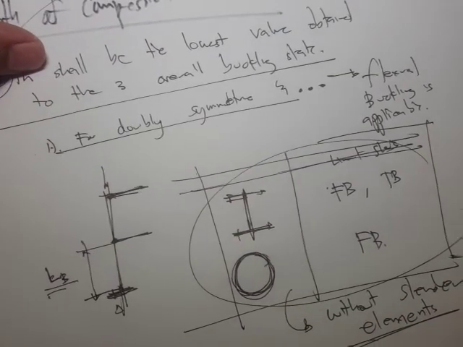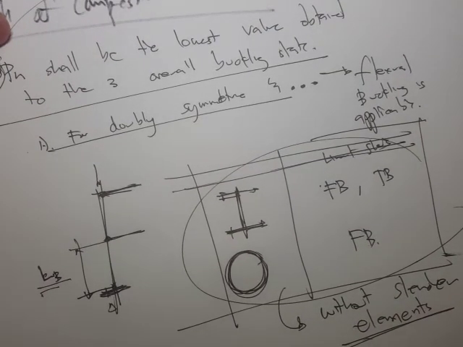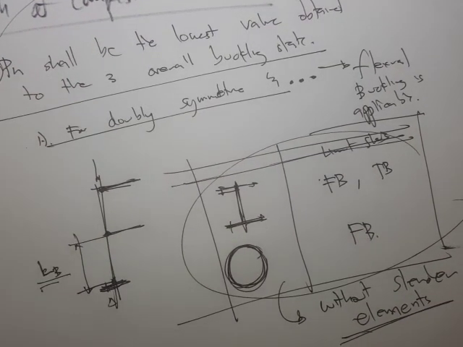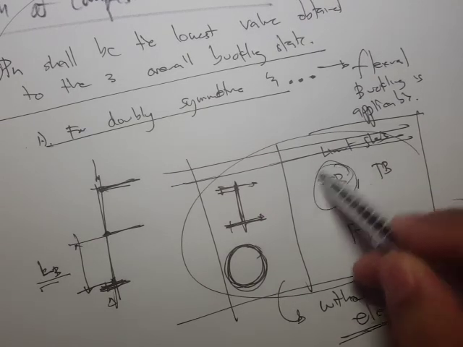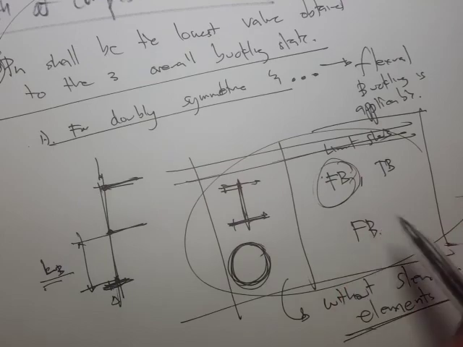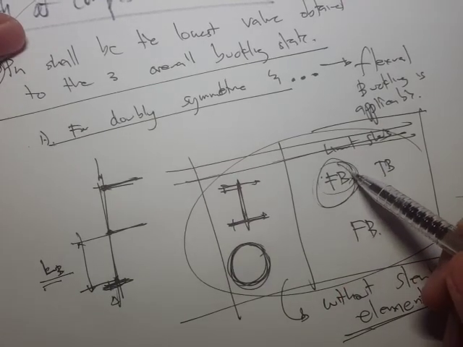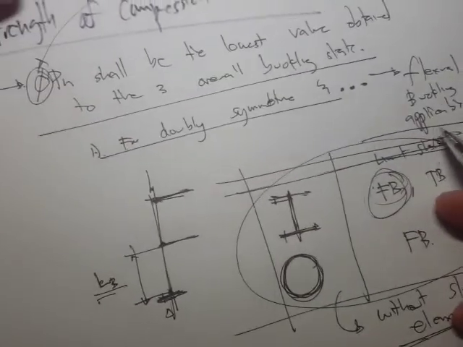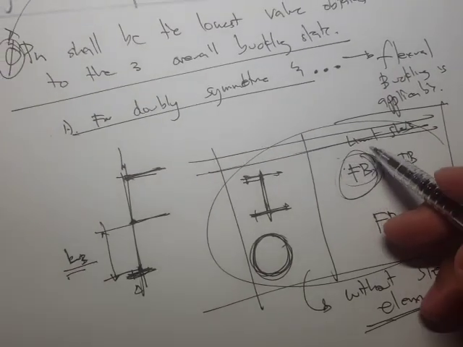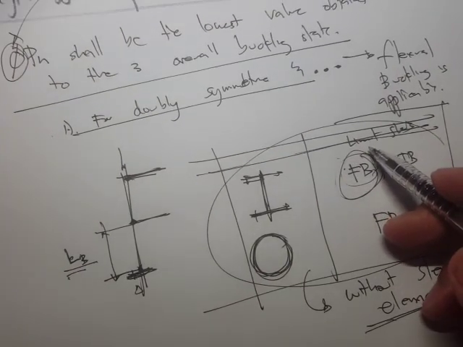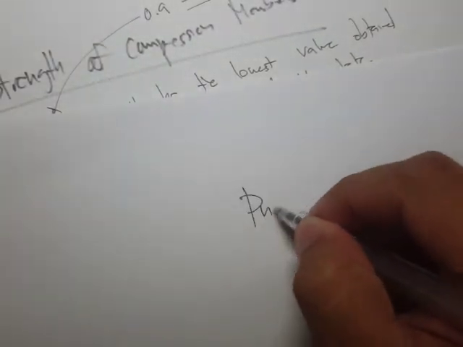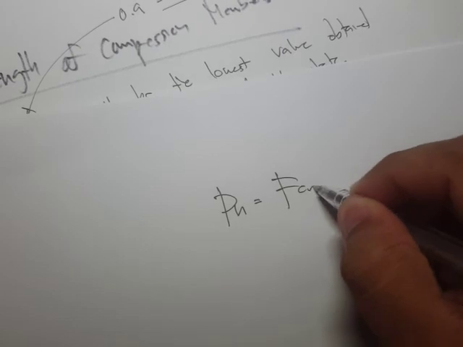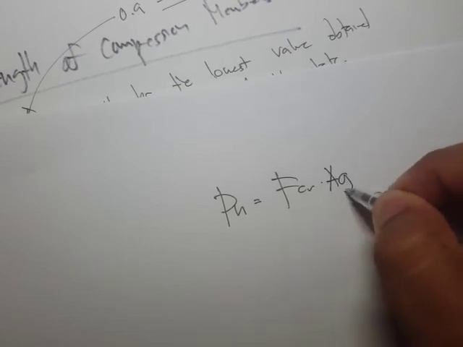Okay, so if we have a section that has no slender elements, and we're only determining the strength in terms of the flexural buckling limit state, then our equation would be Pn equal to Fcr times Ag.